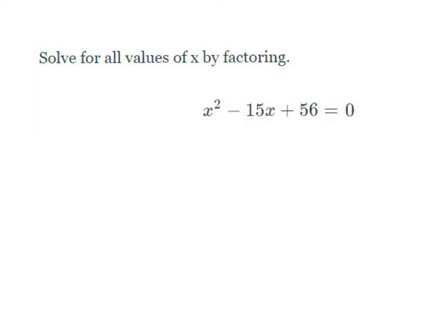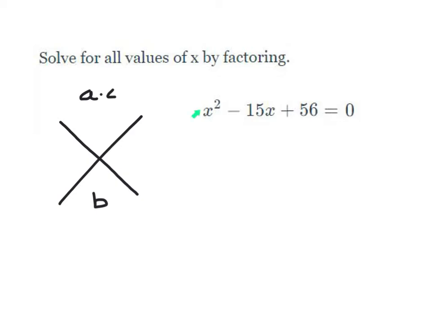We need to factor. Okay, so remember that we learned to use the x game in order to factor. So if we were to do the x game, remember we're finding the factors of a times c that equal b, all right? Well, in this example, a is 1, okay?